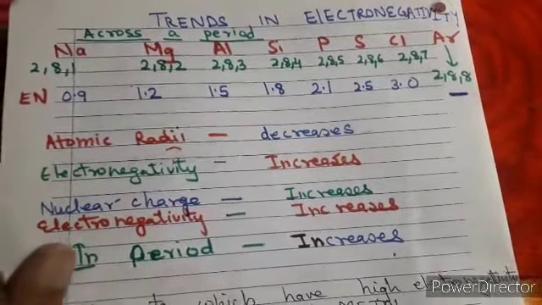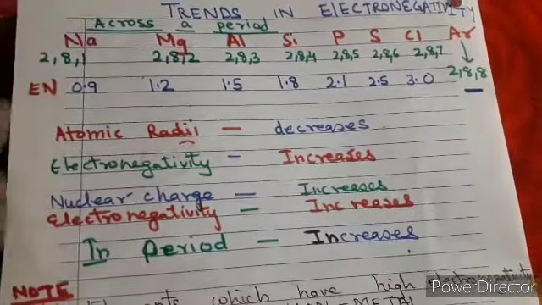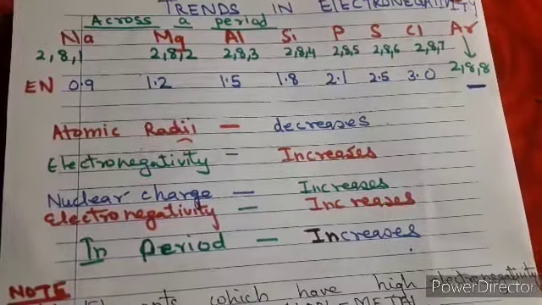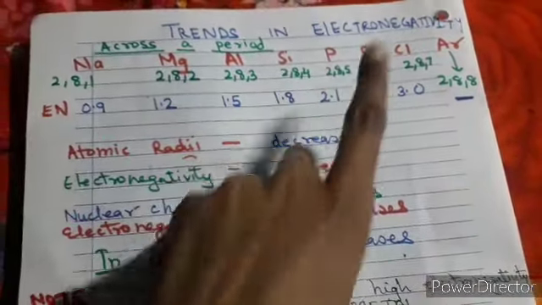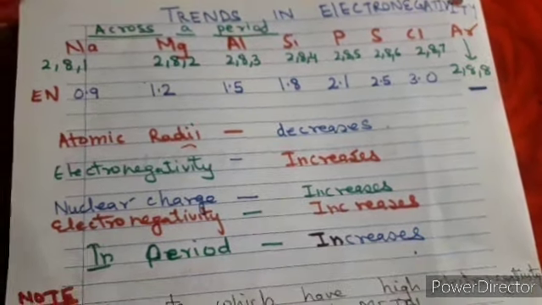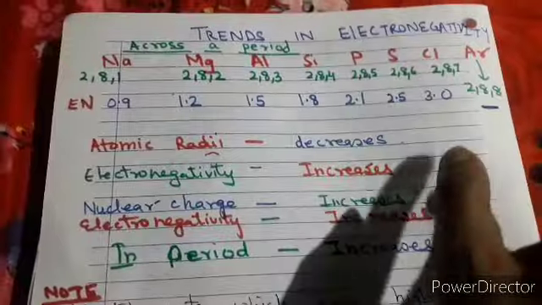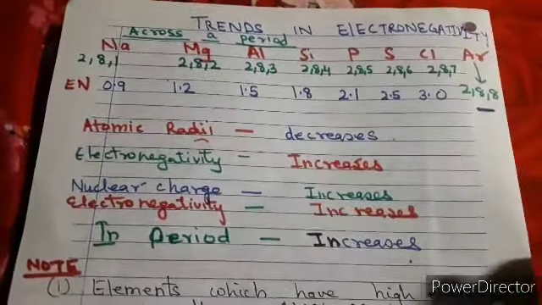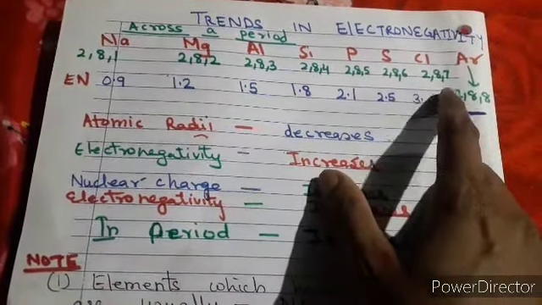Now let's come to the nuclear charge. Every time your atomic number is increasing, the positive charge on the nucleus is increasing. Because of it, the force exerted by the nucleus on the outermost electrons is also increasing, right? So the pull that is being exerted by the nucleus on the electrons in the outermost orbit is increased, and whatever electrons enter will be accepted by the atom.